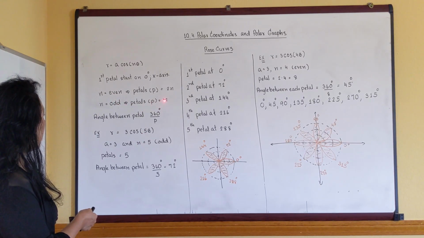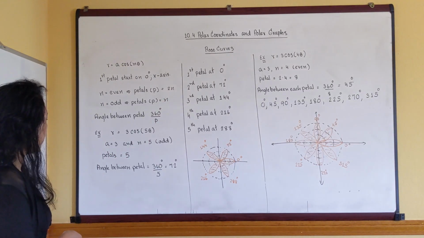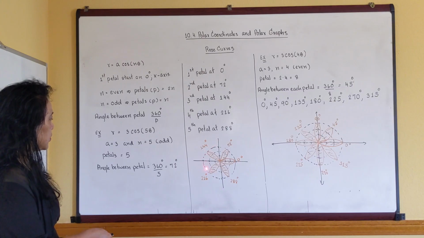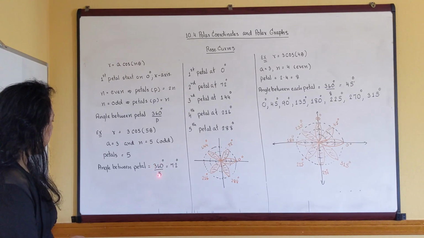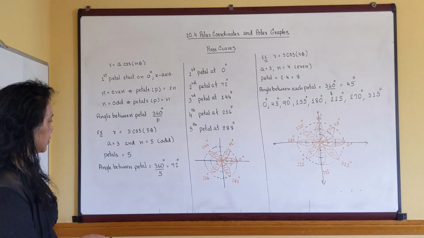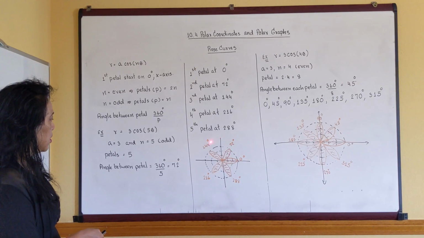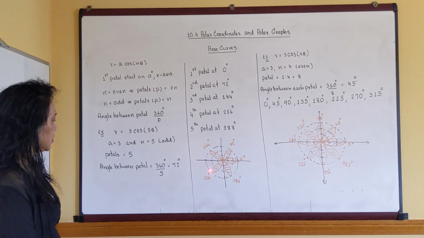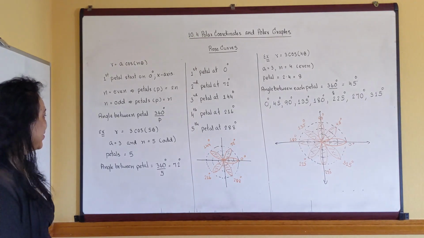So I'm going to have 5 petals. So the whole unit circle is 360. If I have 5 petals, it's going to be 72 degrees from each other, and it starts from 0. So you're going to have 0, 72, 144, 216, 288. That's it. It's pretty straightforward.